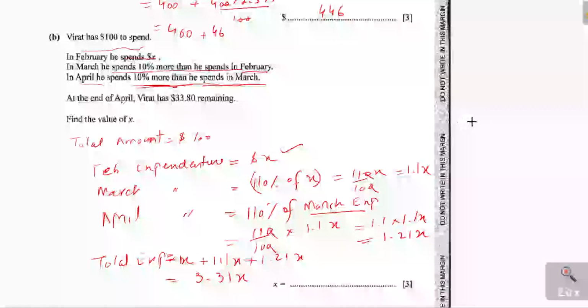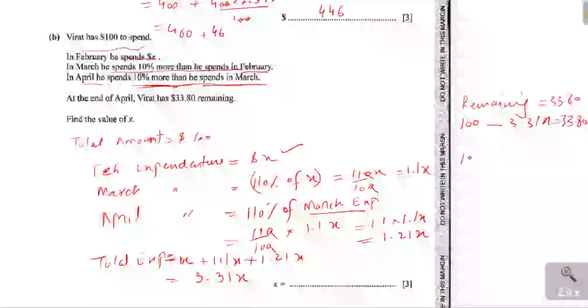And the total amount is 100. Therefore, the remaining amount will be 100 minus 3.31x. And this remaining value is equal to 33.80. We can write 100 minus 33.8 equal to 3.31x. We will shift 3.31 from the left to the right side.